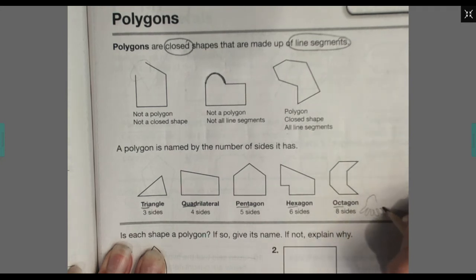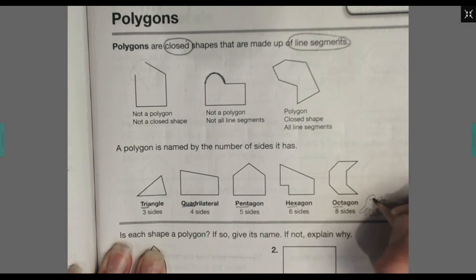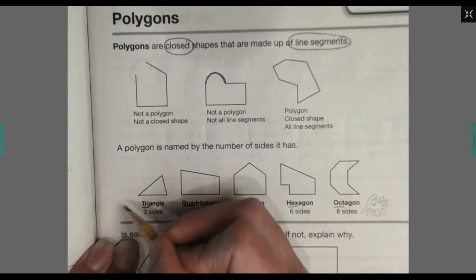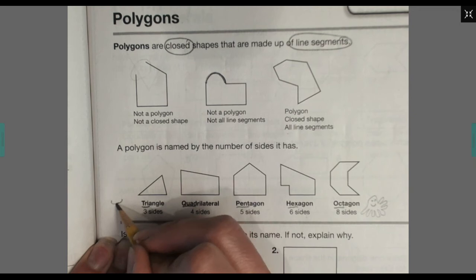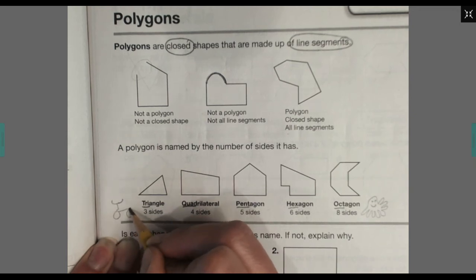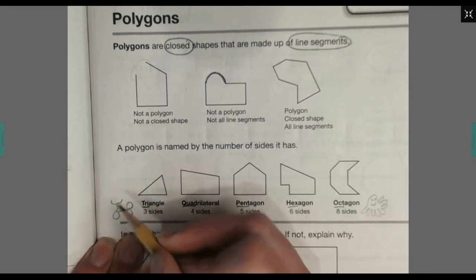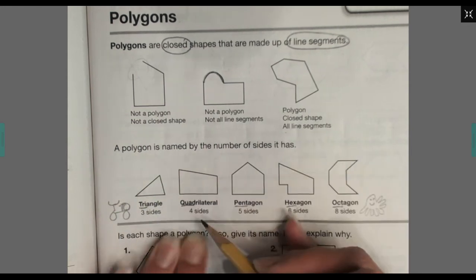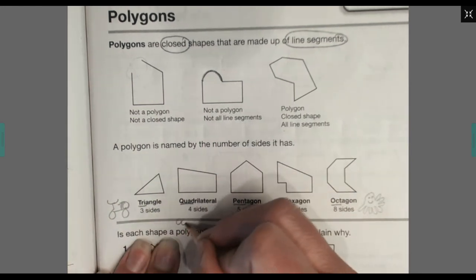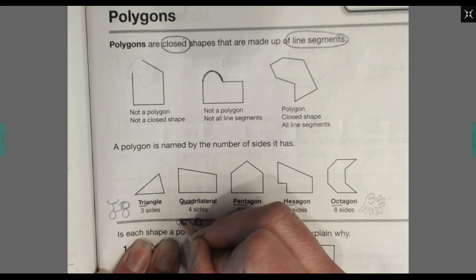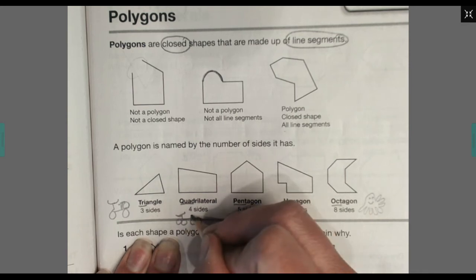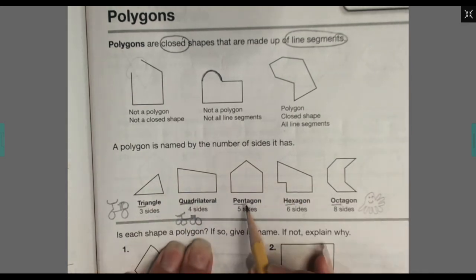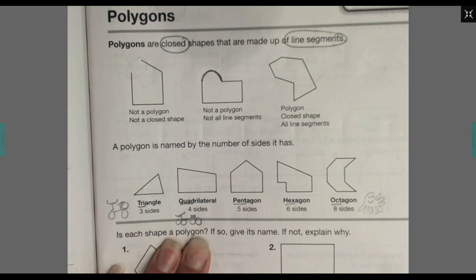And tri, like a little tricycle. Here's my tricycle. And quadrilateral, like a quad. I have very fancy drawings here, right? So I'm sure pent and hex mean 5 and 6.